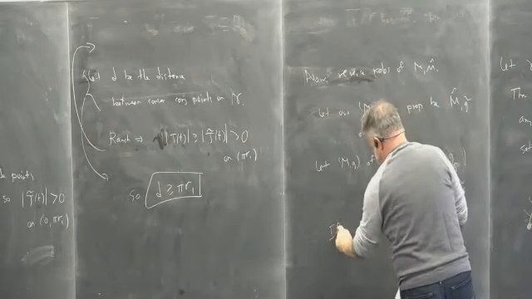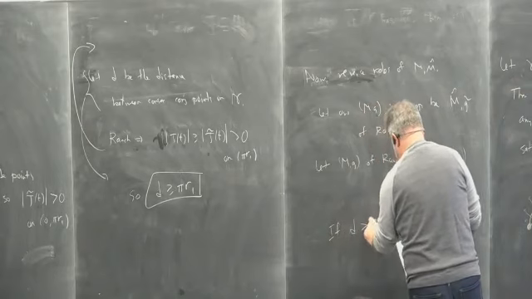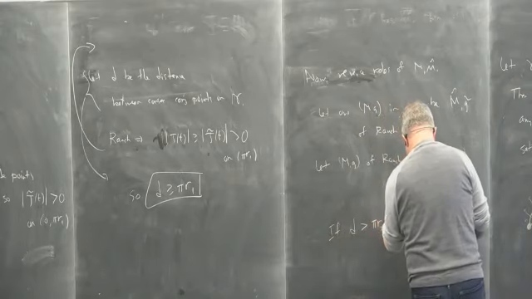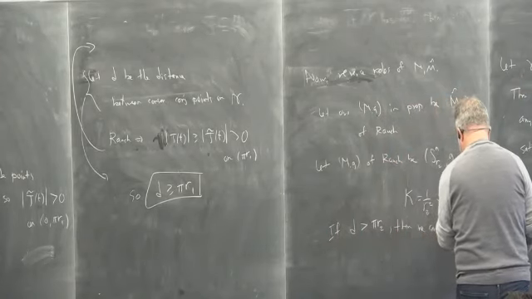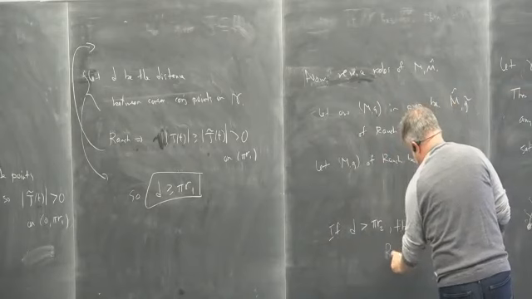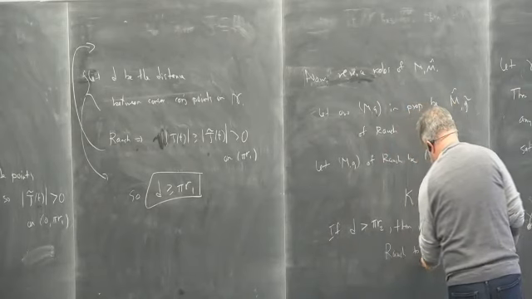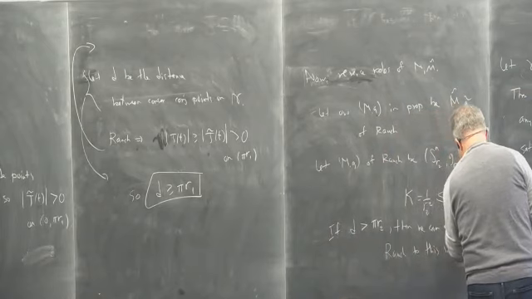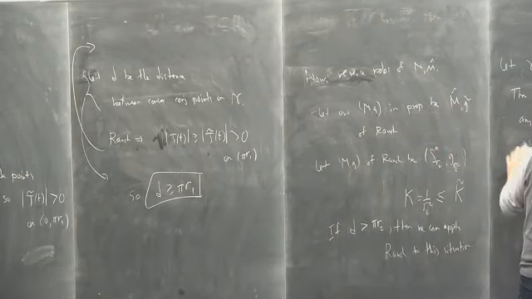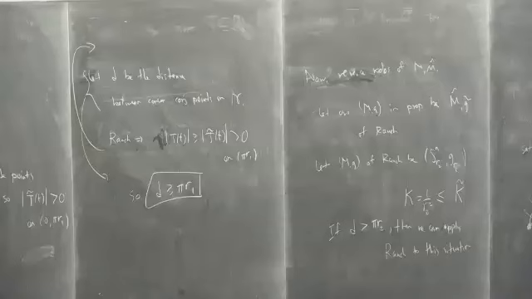Suppose the distance d is bigger than pi r2, then we can apply Rauch to this situation. Because remember, we need the geodesic on the right-hand side, on the M tilde, to have no conjugate points.